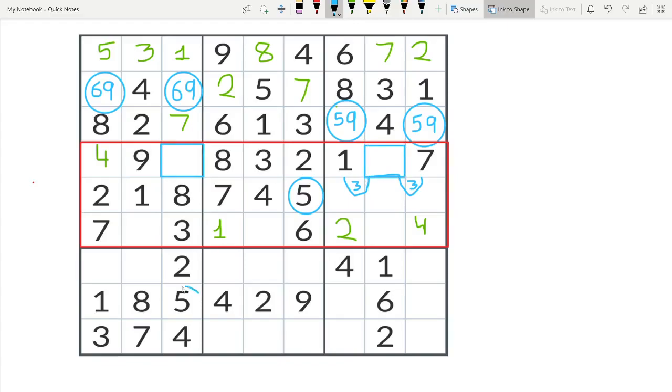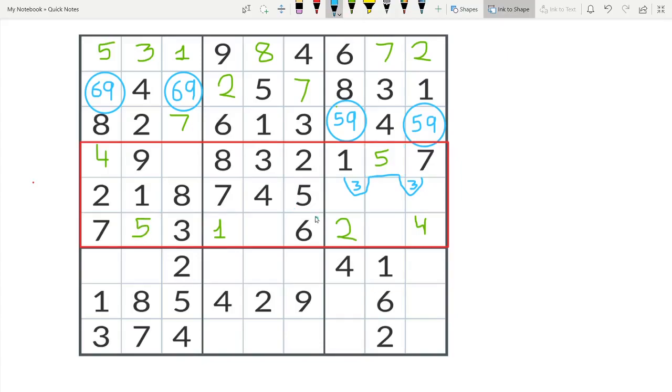Now I see a number 5 in this column, so we cannot have a number 5 over here. So I can put number 5 for the top row in this cell. Now looking for number 5 for the bottom row, there is only one cell left where I can have a number 5, and that is this one for the bottom row.